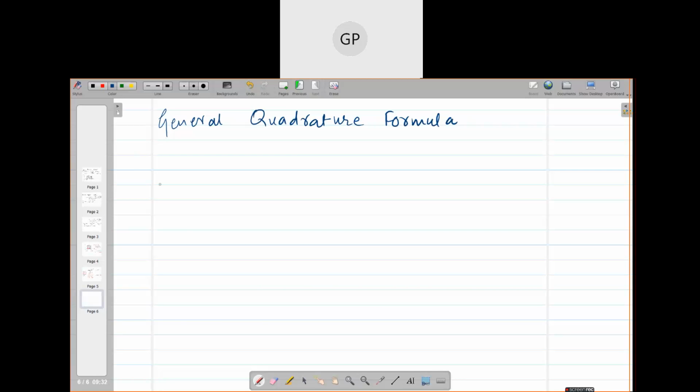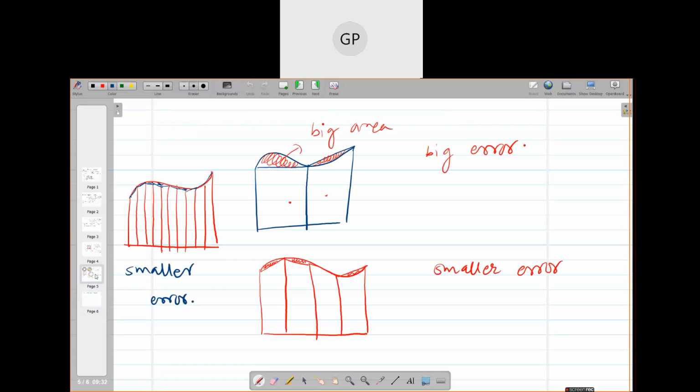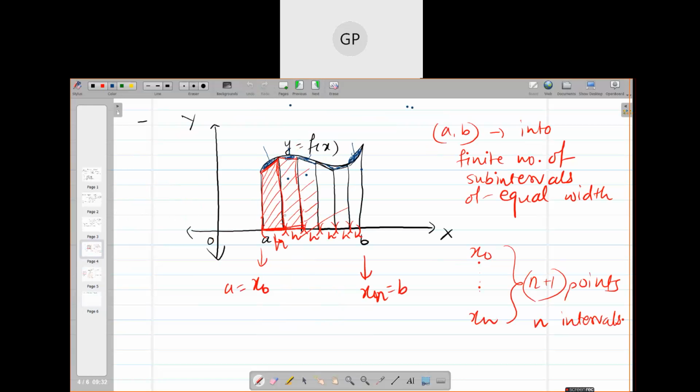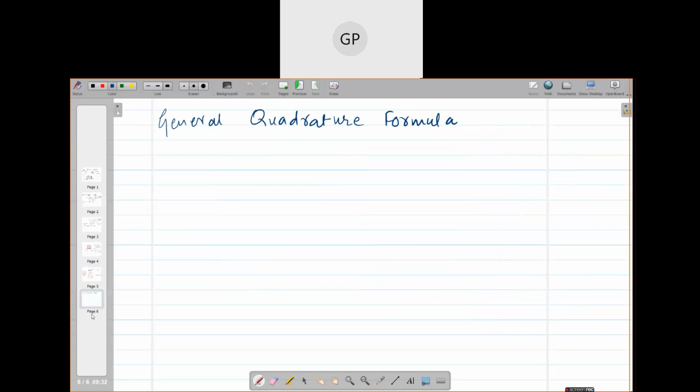And of course we are considering equidistant points, as I told you, x0, x1, x2. That means the difference between two consecutive points is the same. We are considering intervals of equal width, and therefore x0, x1, x2 up to xn are equidistant points, and therefore we can make use of Newton's forward difference, because in Newton's forward or backward difference our points are equally spaced.